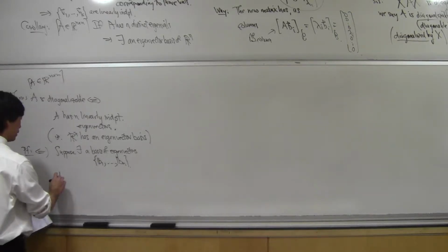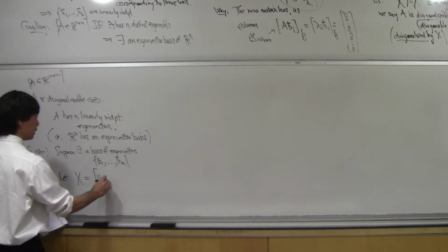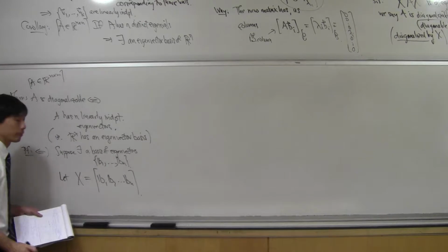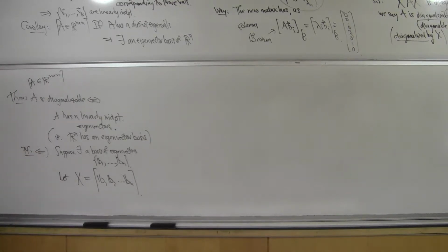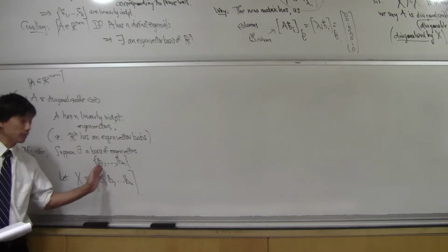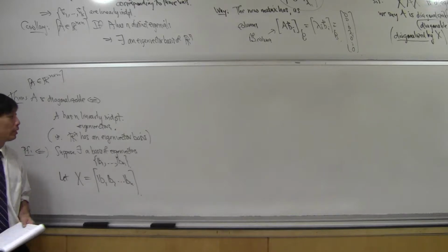Let X be the matrix where these guys are the columns: V1, V2, through Vn. So use that basis, use those as the columns of your matrix.